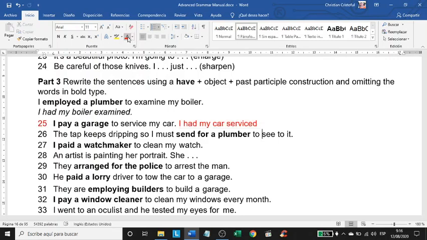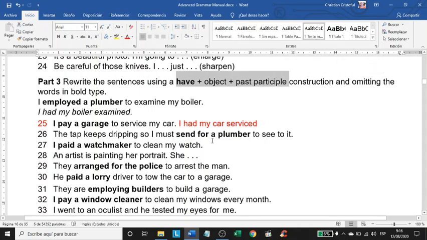Yes, correct. Now, this one is the one that I made a mistake on Monday because I did not follow the instructions, and following the instructions is super important. I need to use this construction, have plus object plus past participle. Okay? So the tap keeps dripping, so I must send for a plumber to see to it.